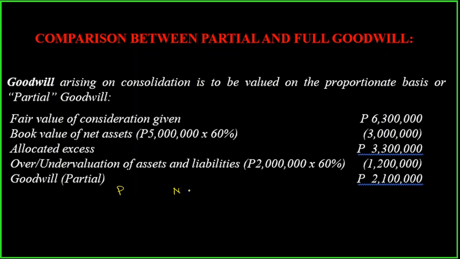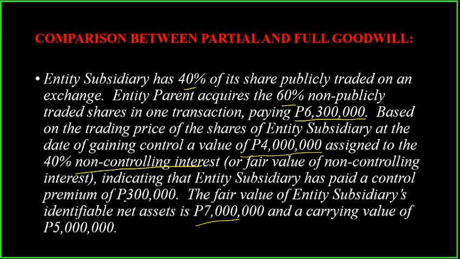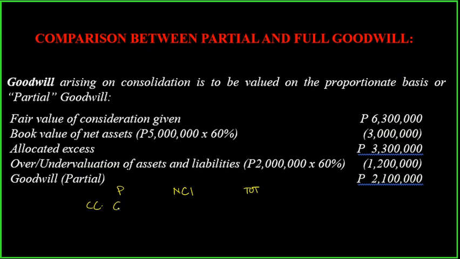Parent, NCI, and you have your total. For the consideration given, it's 6.3. Let's put them side by side so you can see where the elements go. Then you have the subsidiary.